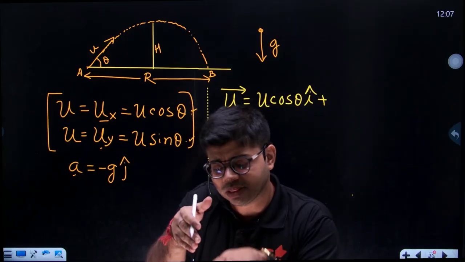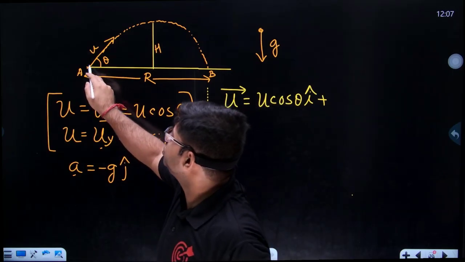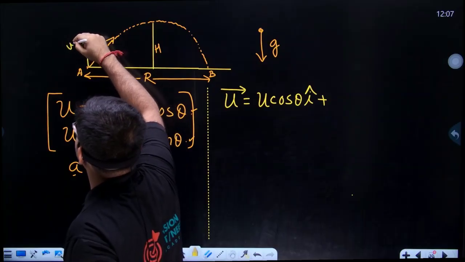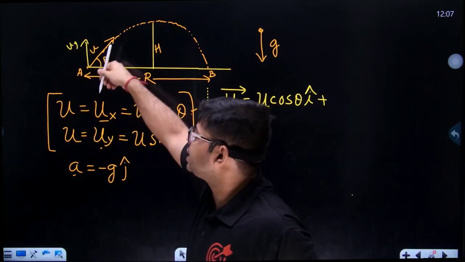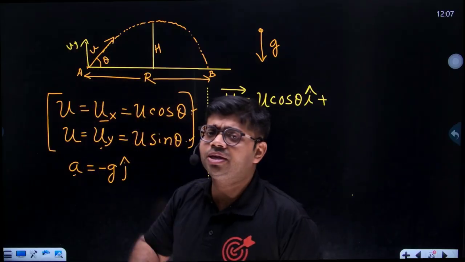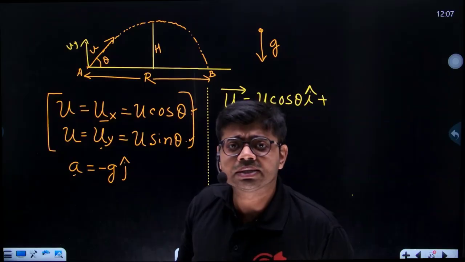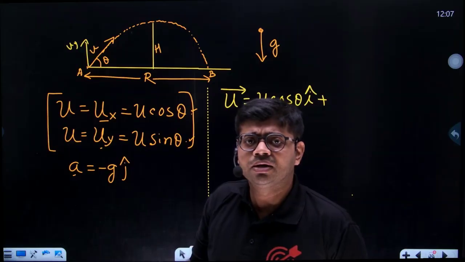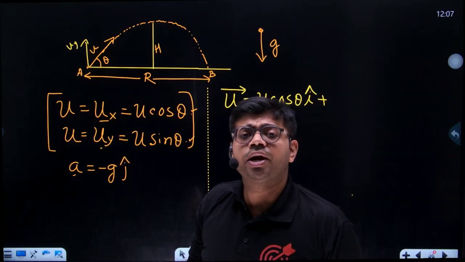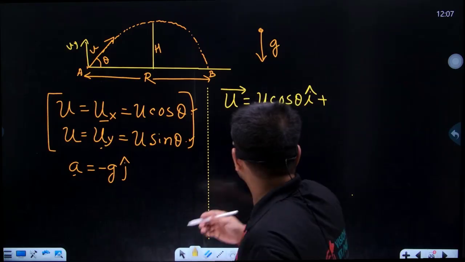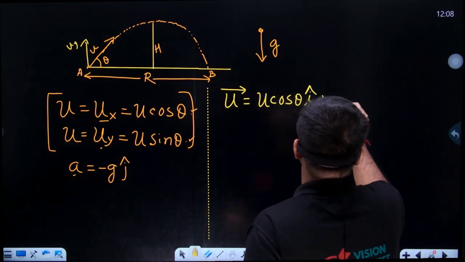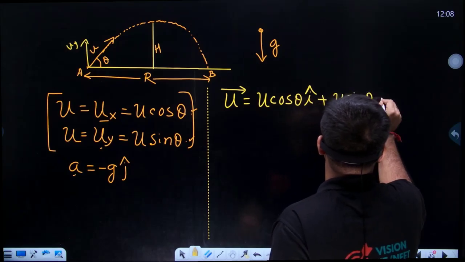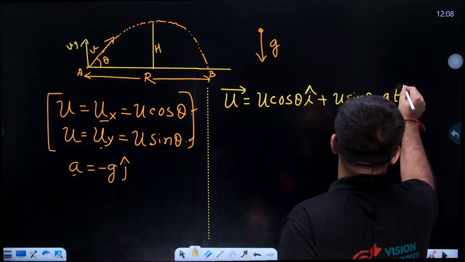It is actually acting in the opposite direction, right? So if I say that this is the direction of my uy, okay, the g is actually vertically downward, so it is decreasing my uy. So from Newton's equations of motion, okay, I can say that v is equal to u minus gt. So that we are going to put here u sin theta minus gt j cap.